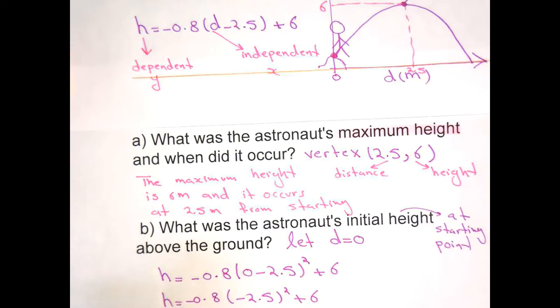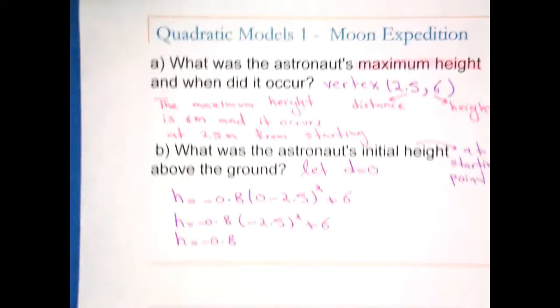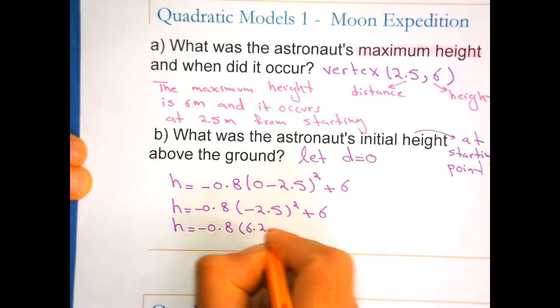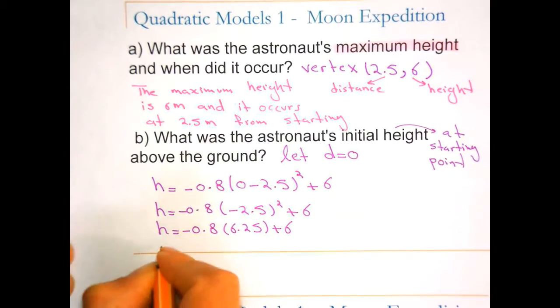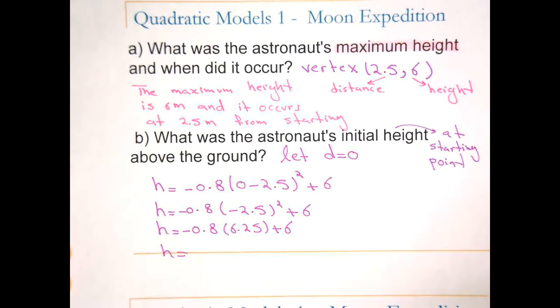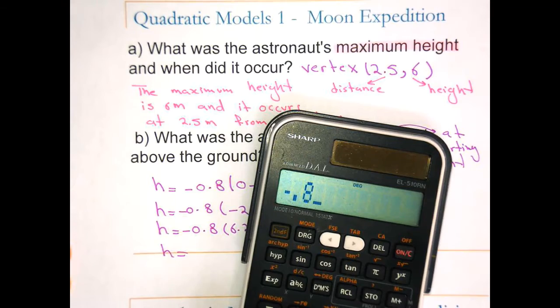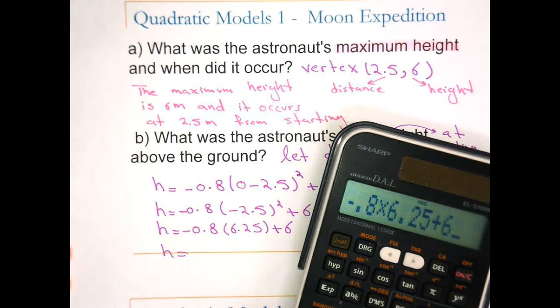So h equals negative 0.8 times 6.25 plus 6, and then you punch this in your calculator: negative 0.8 times 6.25 plus 6, which is 1.